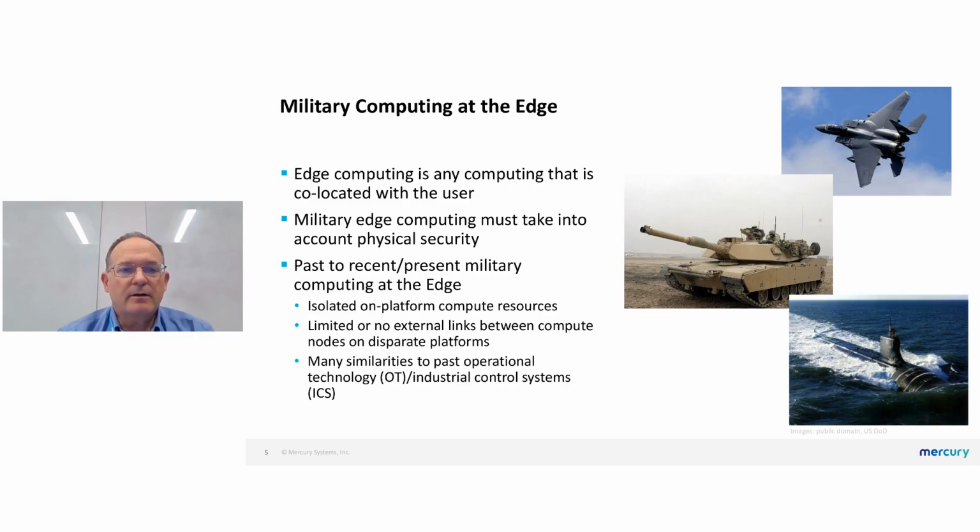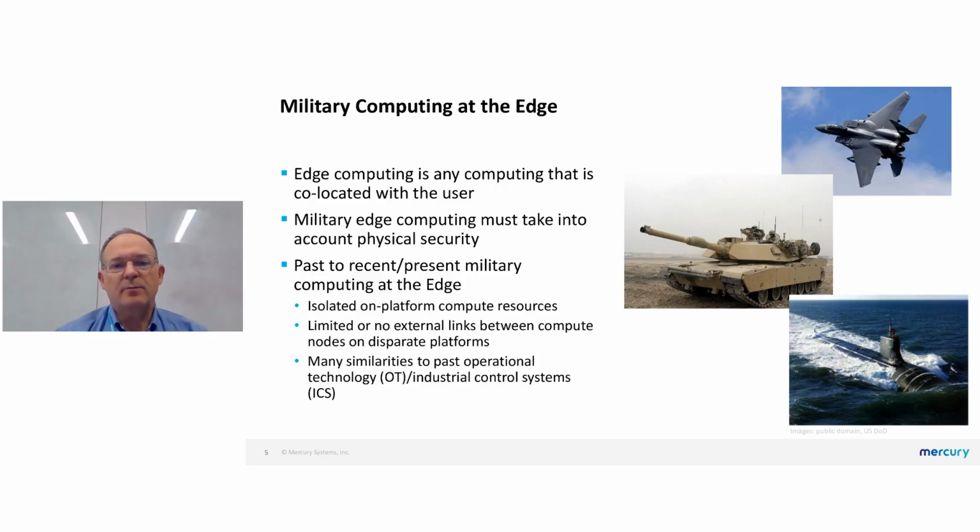In case you're wondering, what does edge computing really mean? It's anything that's really co-located with the user. In all cases, whether they're military or commercial, you co-locate compute with the user for reasons of performance, latency, and factors like that in order to enable those systems to perform well.